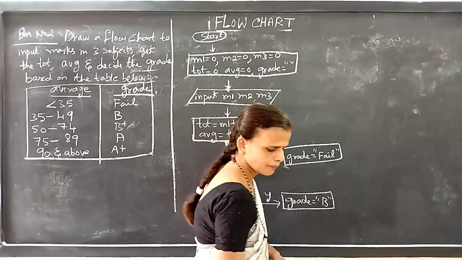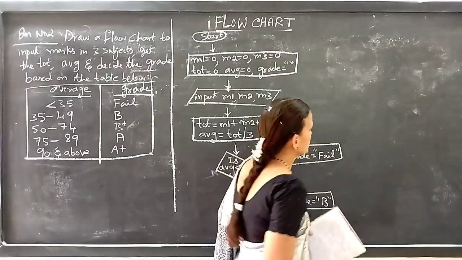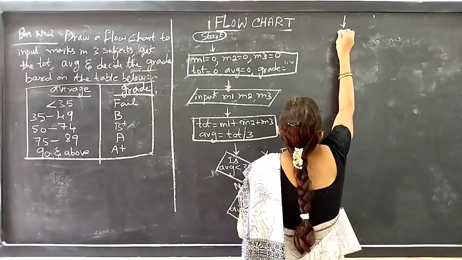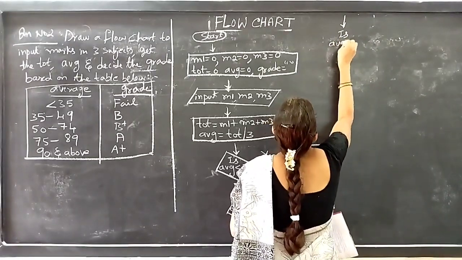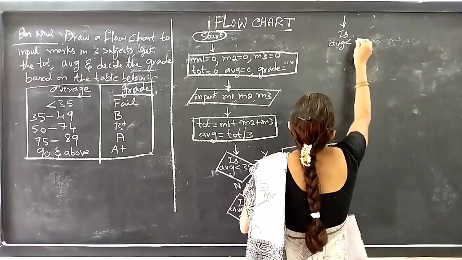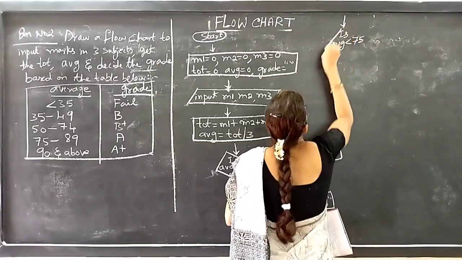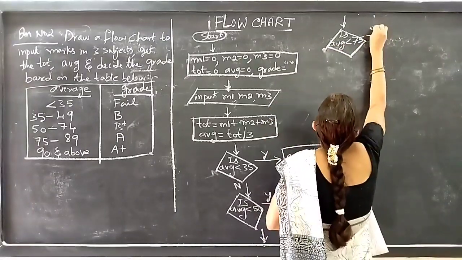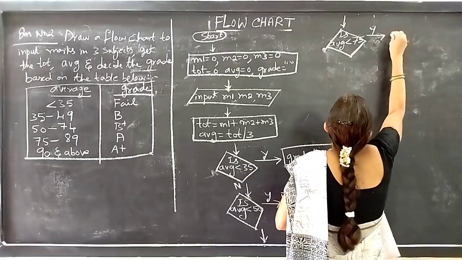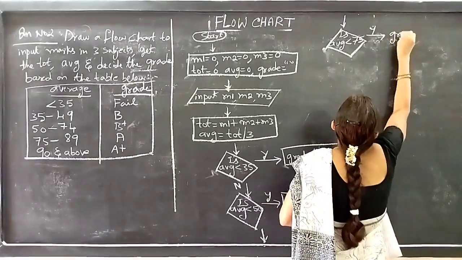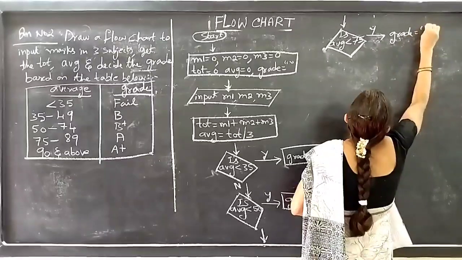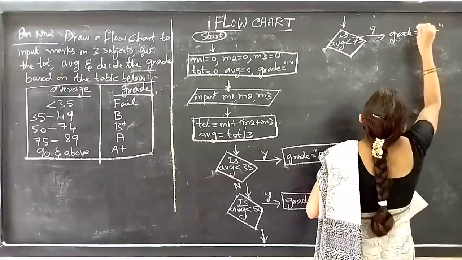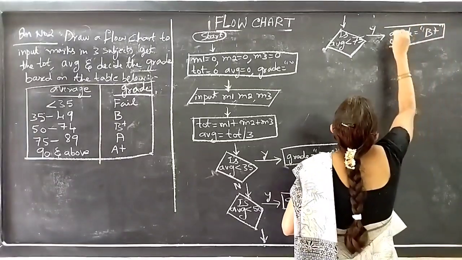Next, continue. We should check one more option: is average less than 75. If it is yes, the grade should be what? B. No, after B we have B plus, so it should be B plus.